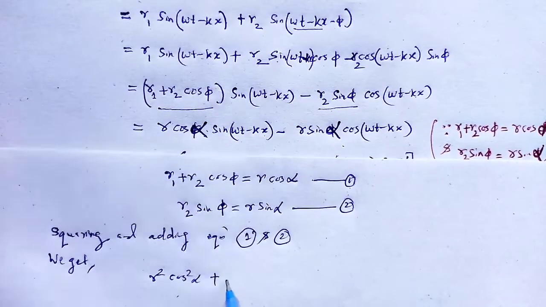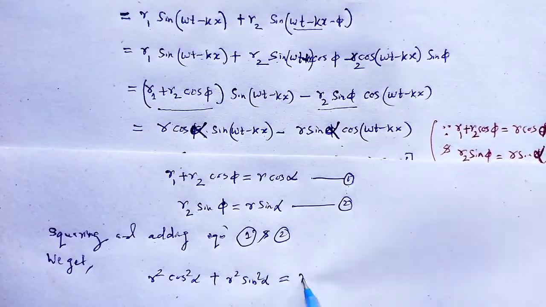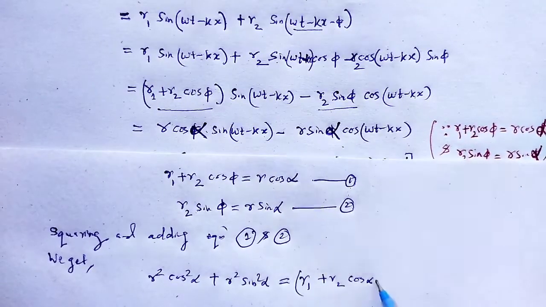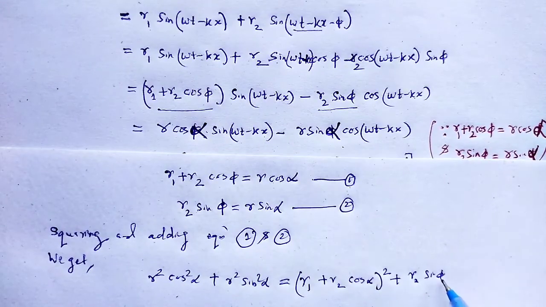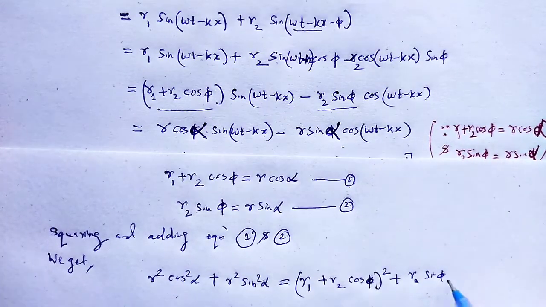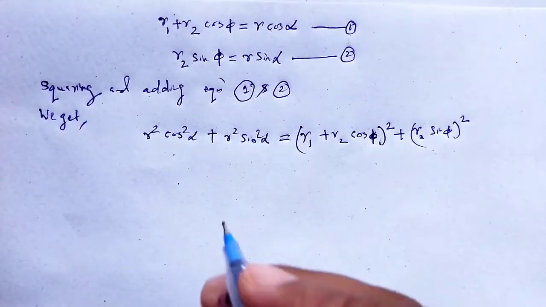r square cos square alpha plus r square sin square alpha is equal to (r1 plus r2 cos phi) whole square plus (r2 sin phi) whole square.